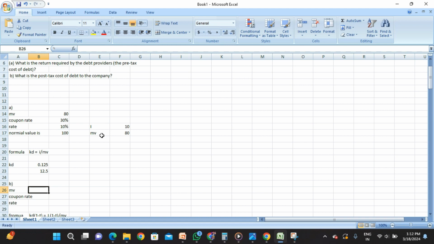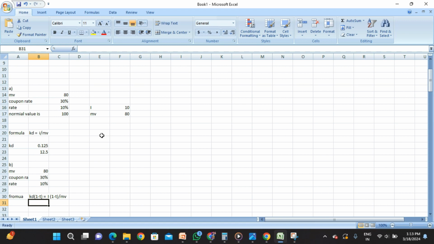In the second part, we have to calculate the post-tax cost of debt to the company. This will be from the point of view of the company. So the market value is 80, the corporate tax you know is 30%, and the interest rate is 10%. So the formula you know is Kd(1 minus T) equal to I(1 minus T) divided by market value.